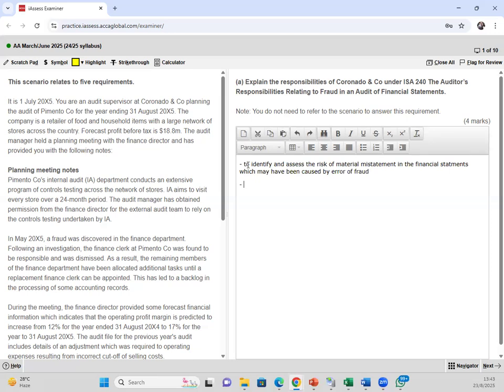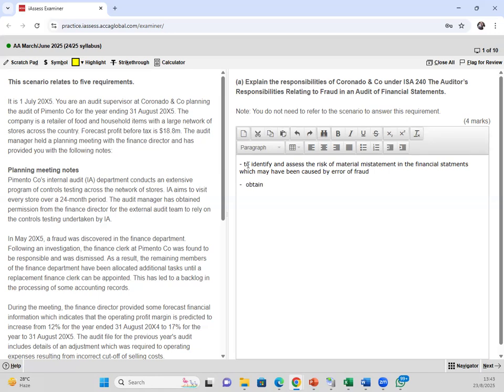Also, the auditor is supposed to give us an opinion in the end, but the opinion must be supported with the evidence that they have gathered. So the auditor needs to obtain sufficient and appropriate evidence.